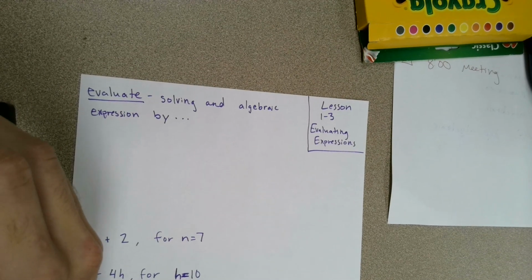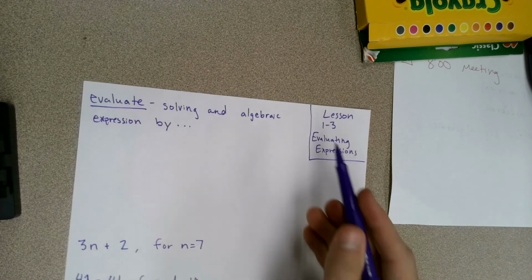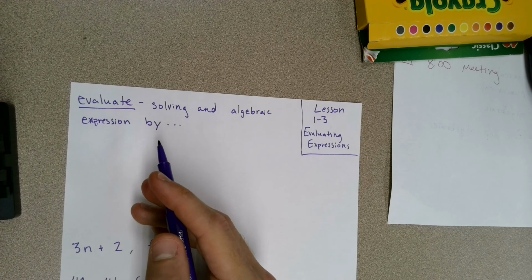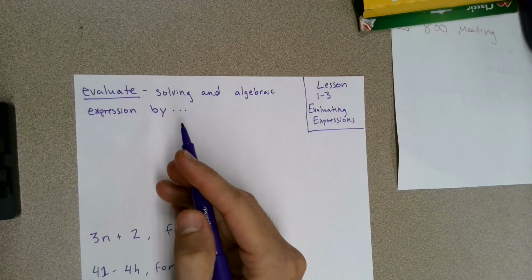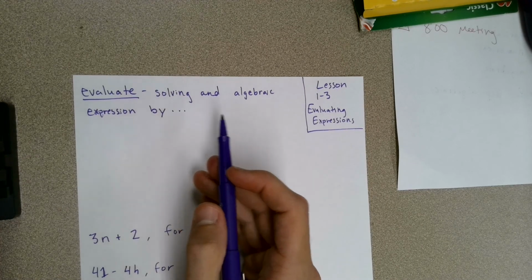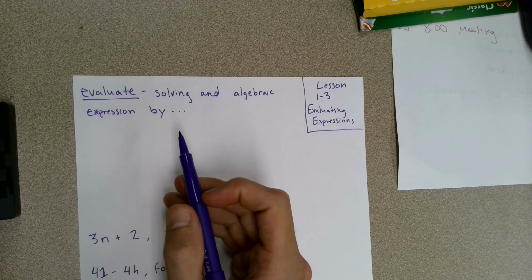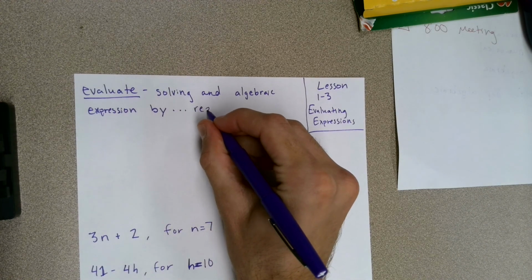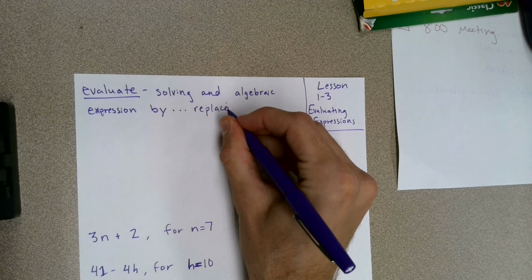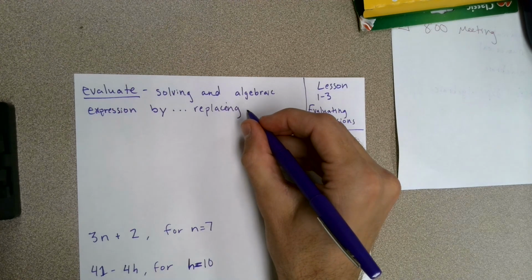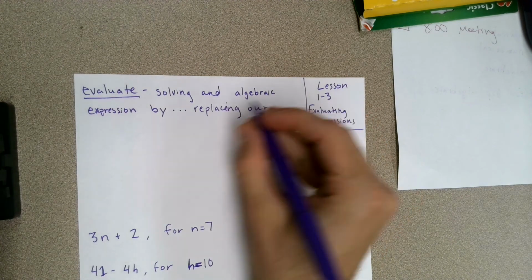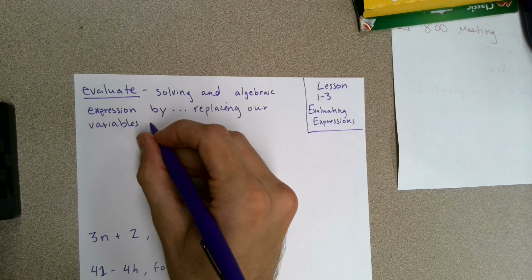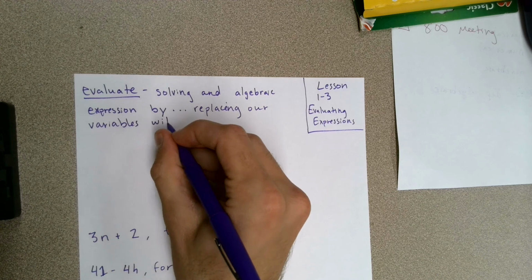Alright, here we go. Lesson 3, evaluating expressions. Our first keyword that we need to know here, I need you to write this down, is evaluate. What evaluate means is we're solving an algebraic expression by replacing our variables with numbers.